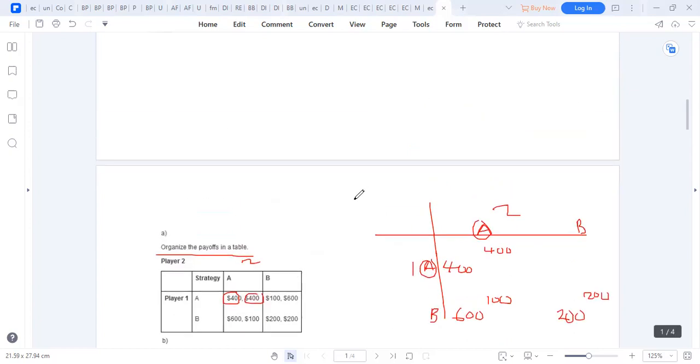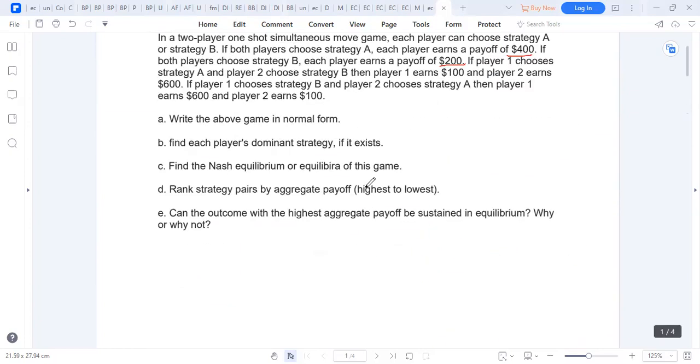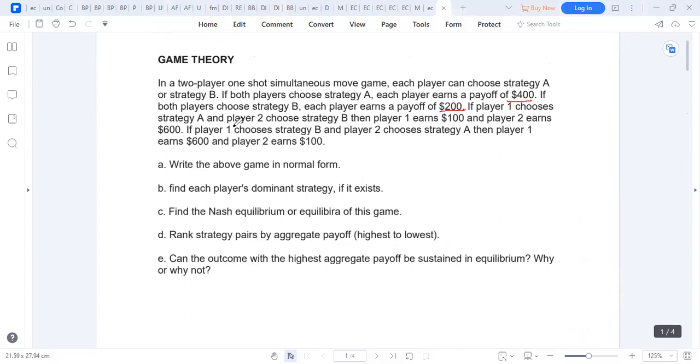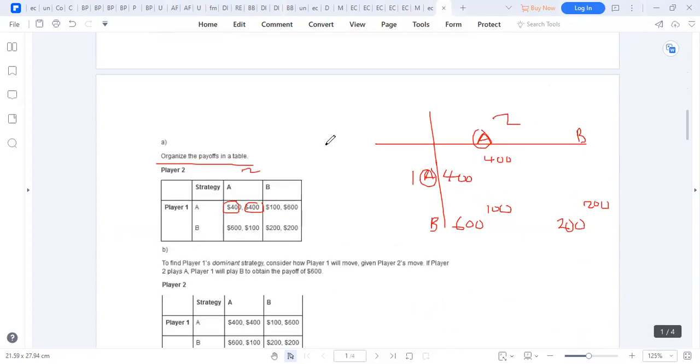We're also told that if player 1 chooses strategy B and player 2 chooses strategy A, player 1 will make 600 and player 2 will make 100.